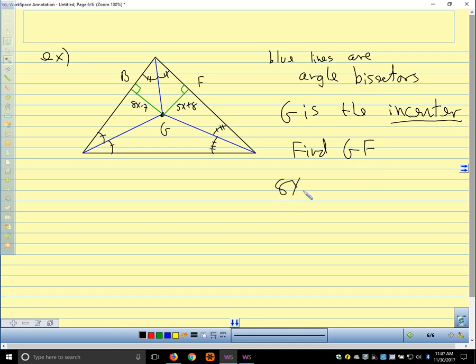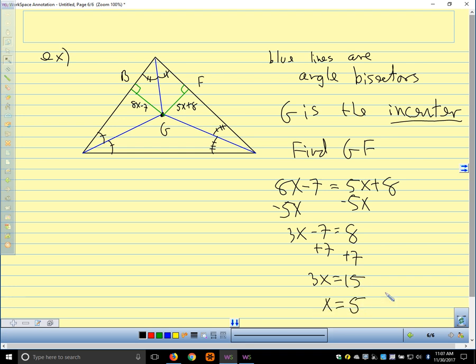So 8x minus 7 has to equal 5x plus 8. Subtract 5x. 3x minus 7 equals 8. Add 7 to both sides. 3x equals 15. And x equals 5.